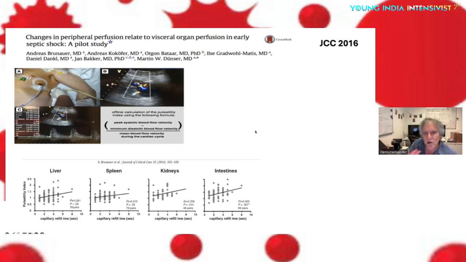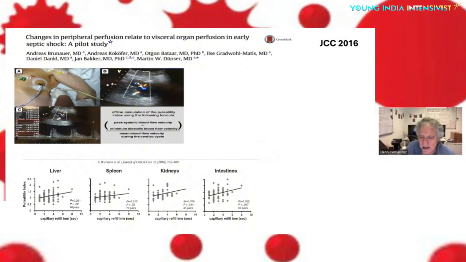And what we can conclude from this study is that if you have a rapid normalization of peripheral perfusion, you have high probabilities that the hepatosplanchnic perfusion will also be restored shortly after, because it's a little bit more complex. They will follow the same trend, meaning that the neurohumoral response is retiring.